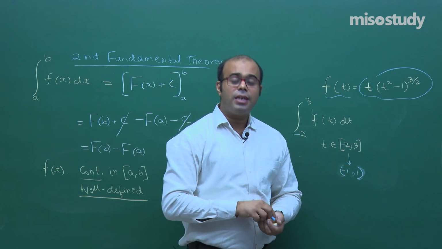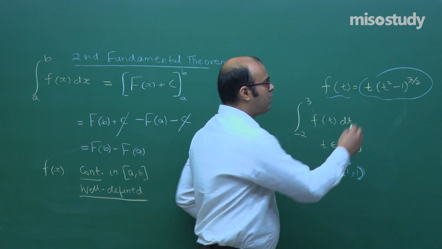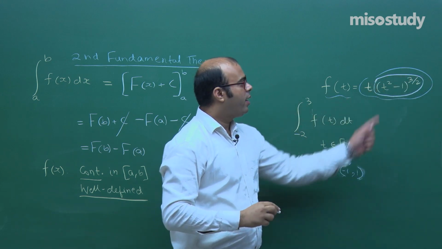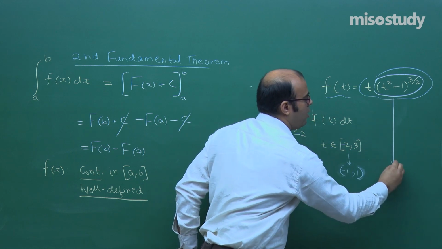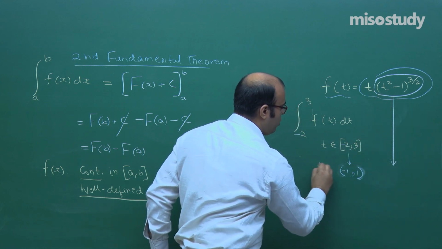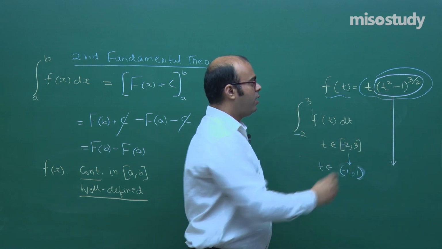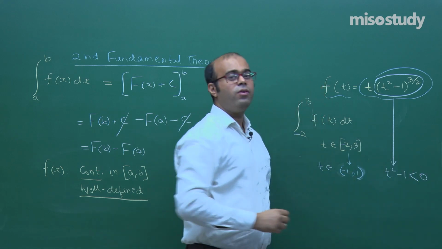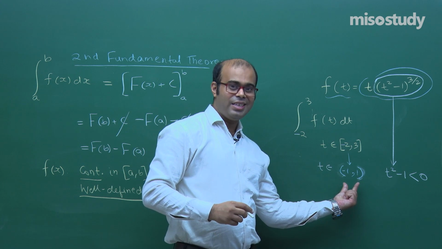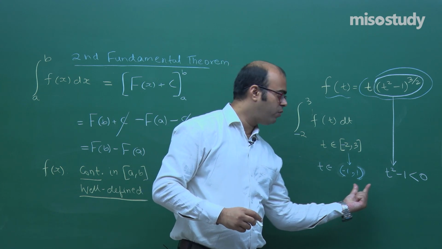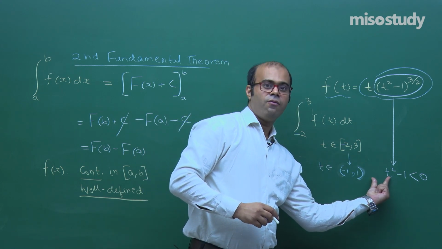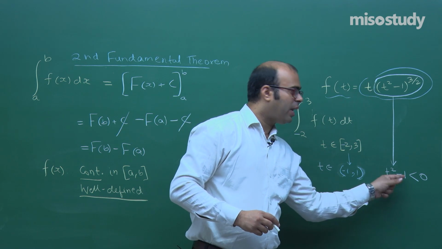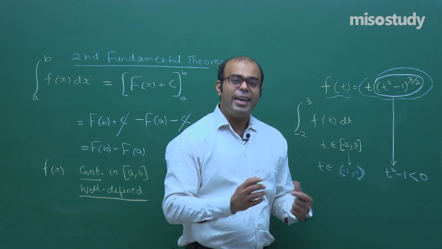And what this interval does is that in this particular (t² − 1)^(3/2), if we take any value t belonging to (−1, 1), this t² − 1 will be less than 0. It will be a negative value. You can see easily any value from minus 1 to 1 when substituted here will give a value less than 1 after squaring, and then subtracting 1 you will get a negative value.